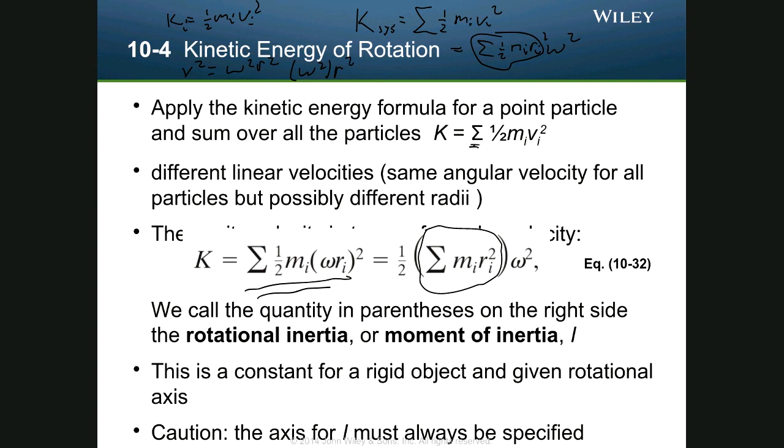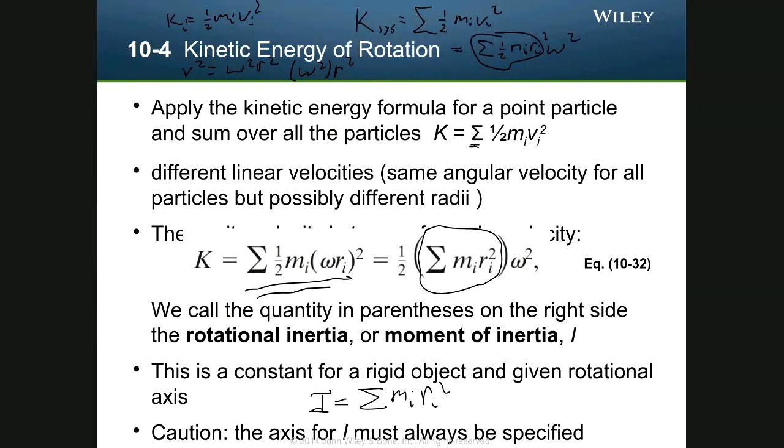And this is going to be the moment of inertia about a rotational axis. Remember that the axis always has to be specified, because for different rotational axes, you will have a different moment of inertia, or a different rotational inertia. But I is going to be equal to the sum of m_i r_i squared. And you'll notice that the r dependence is relevant here.